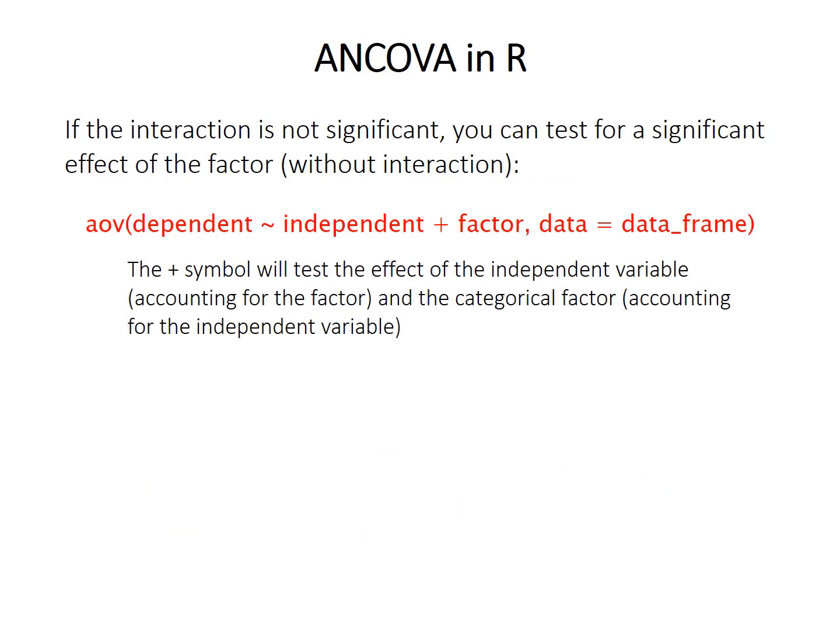Remember, if the interaction is not significant, which wasn't the case here, but if it's not, you can then test whether the factor is significant, where that would indicate a significant difference in the intercepts of the lines. That's done by including both the continuous independent variable and the factor variable as additive terms in the function, so use the plus sign, not the multiplication sign like from the last slide.